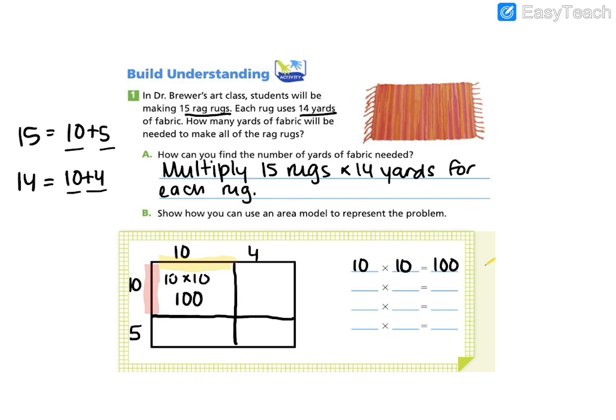Okay, so now let's move to the right. This line is still equal to 10. We have this line up here that's equal to 4. So our equation in this one is 10 times 4, which is equal to 40.